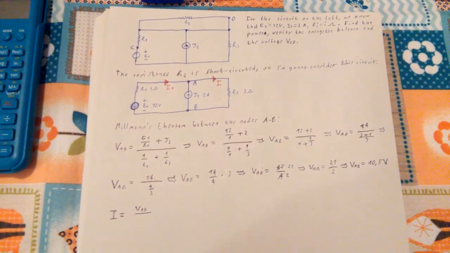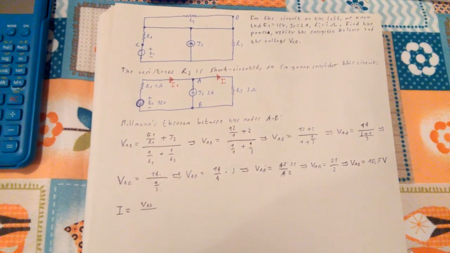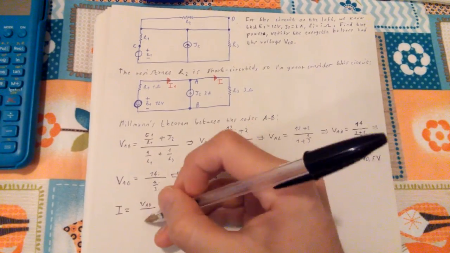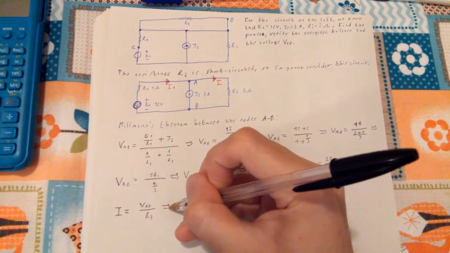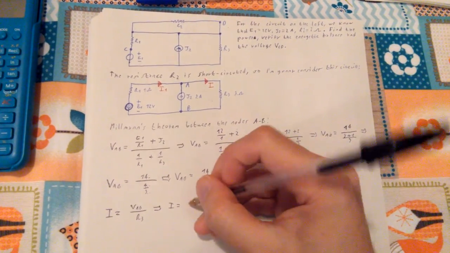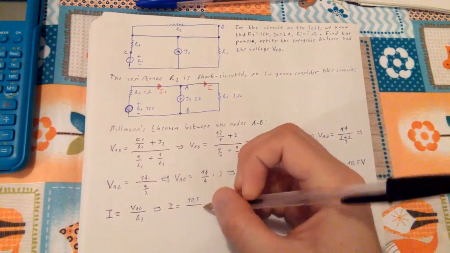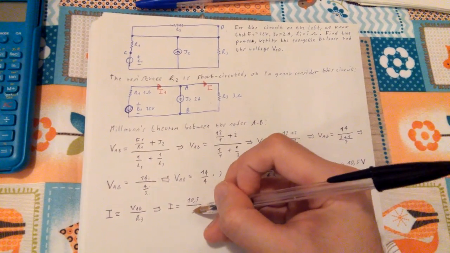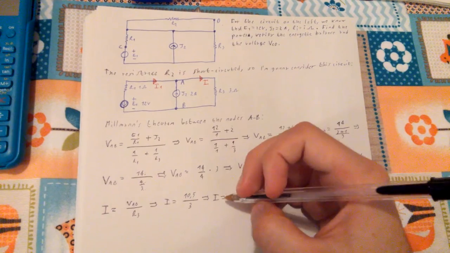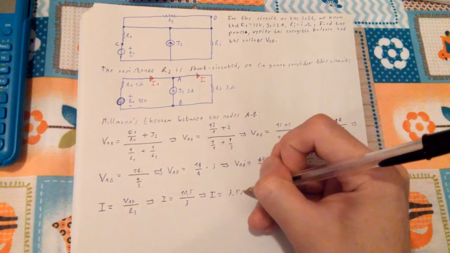Sorry about that. Really sorry. Over the resistance. So the resistance we have here, which is R3. So I is 10.5 over R3, which is 3 ohm. So 10.5 over 3 gives us 3.5 amperes.